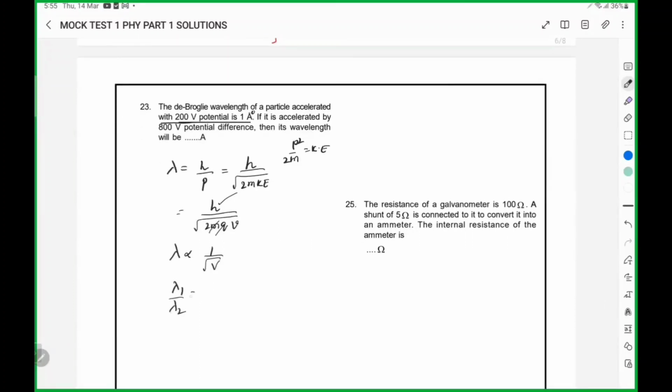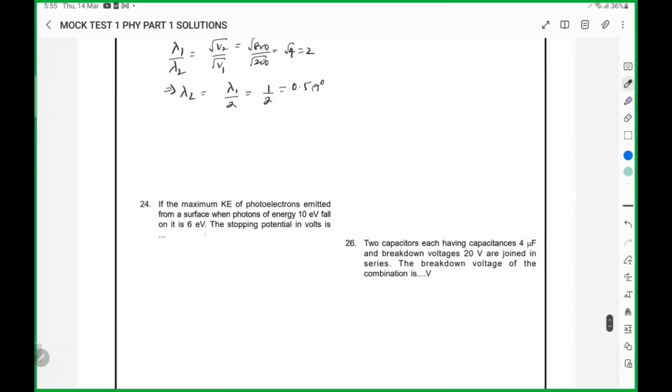Lambda 1 by lambda 2 is root of V2 by V1, so which is 800 by 200, which is 4, whose root is 2. So lambda 1 is 1, so lambda 2 is 0.5 angstrom units.